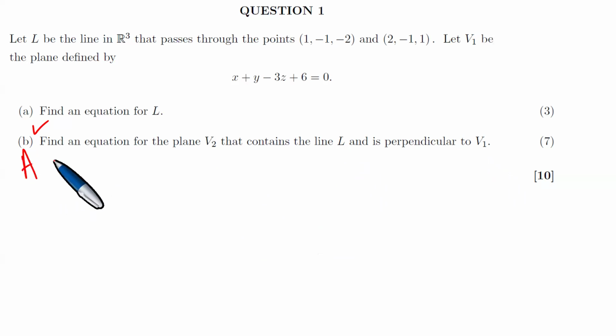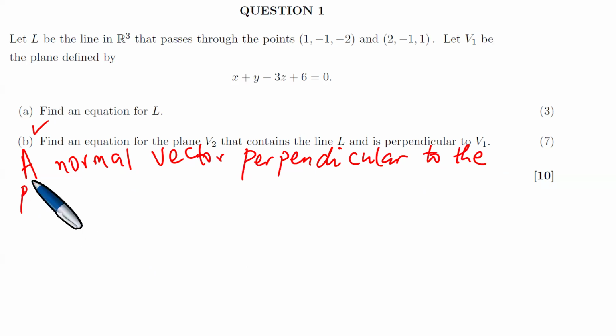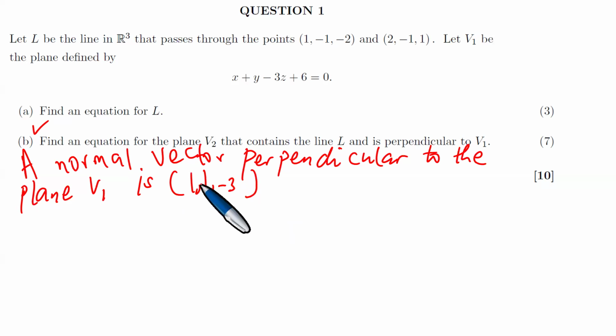So we note that a normal vector perpendicular to the plane V1 is (1, 1, -3).